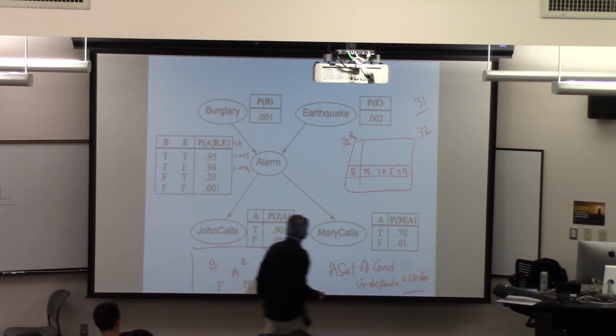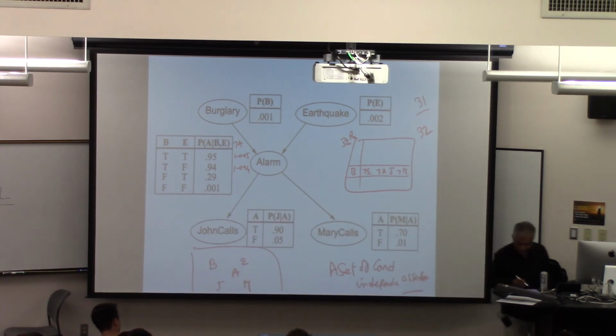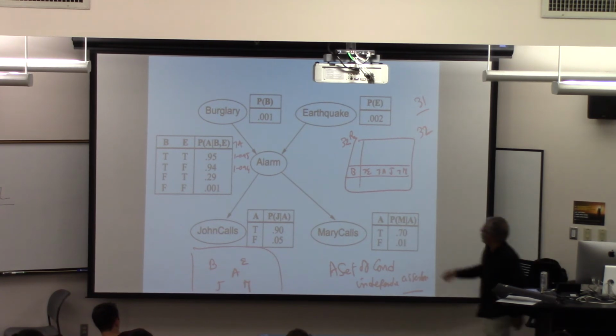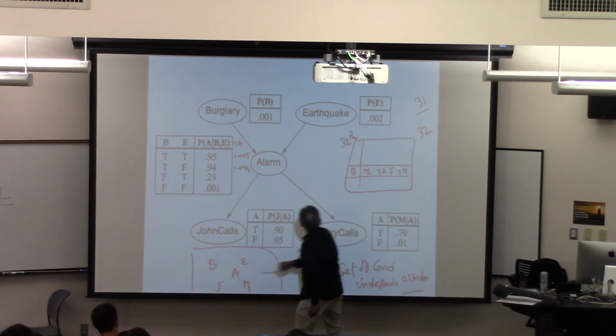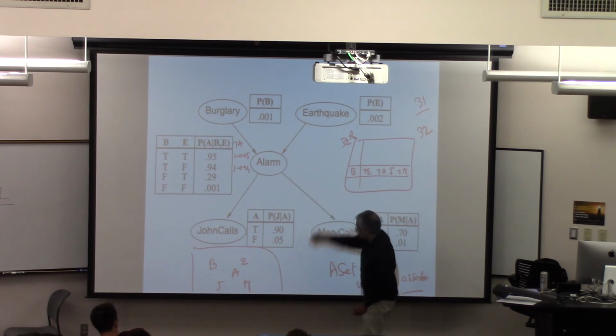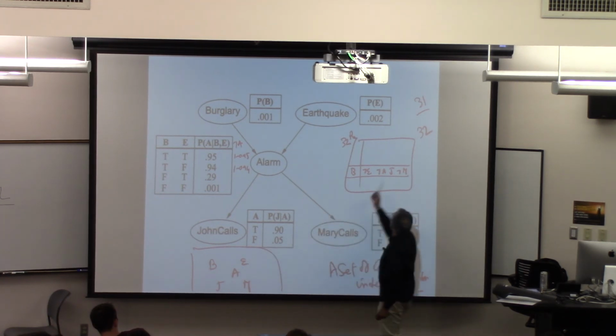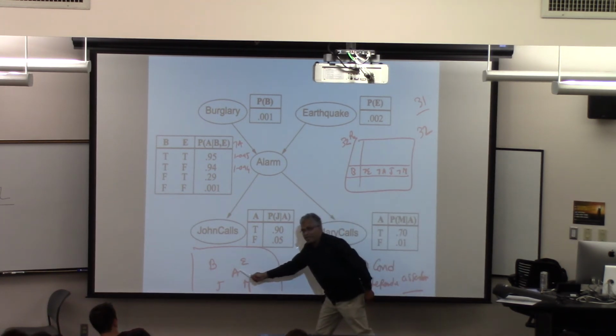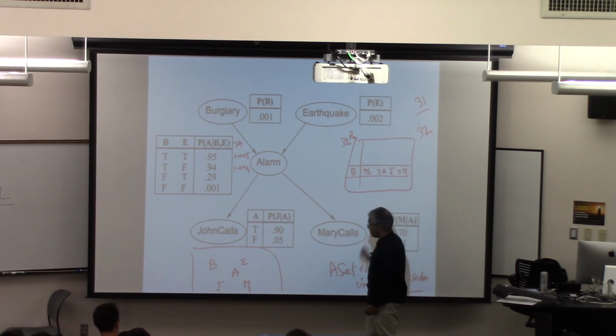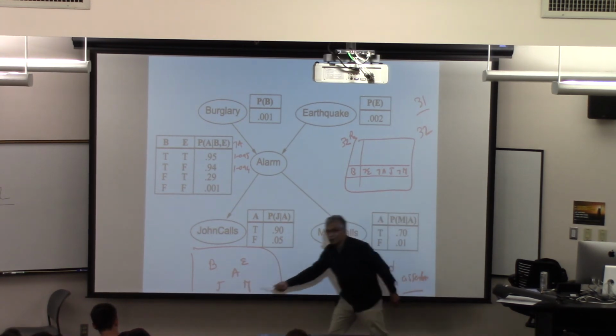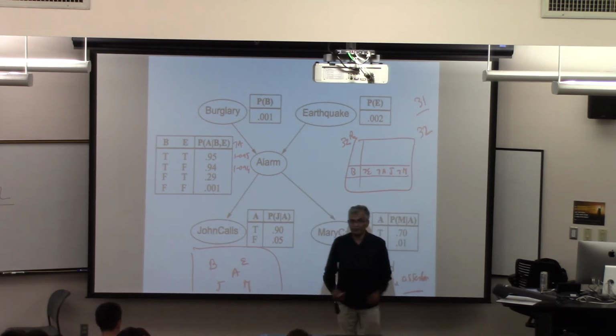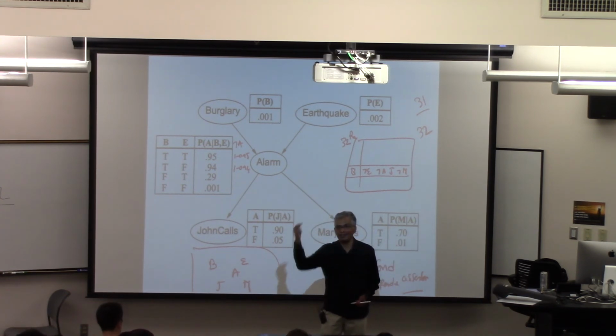How do I do this? Basically, I can just say it's probability of B times 1 minus probability of E times 1 minus probability of A times probability of J times 1 minus probability of M. Whip up your calculator, put the numbers in, you're done.